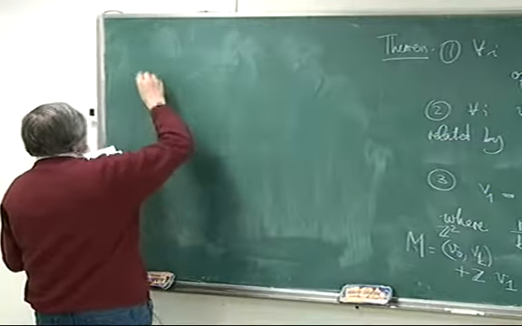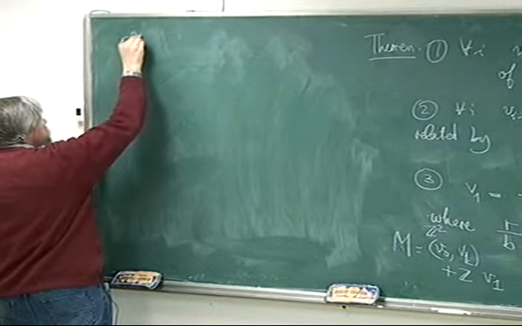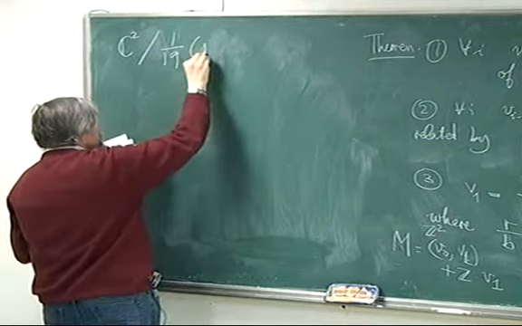So I want to think about this quotient group action, C^2 divided by 1/19 (1,8).